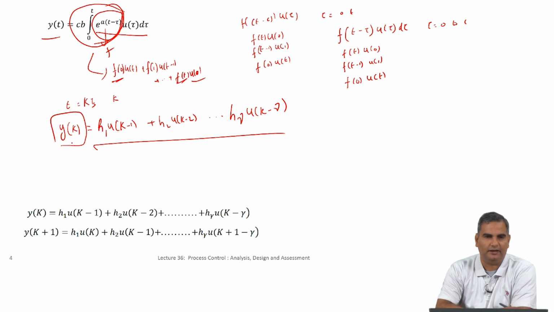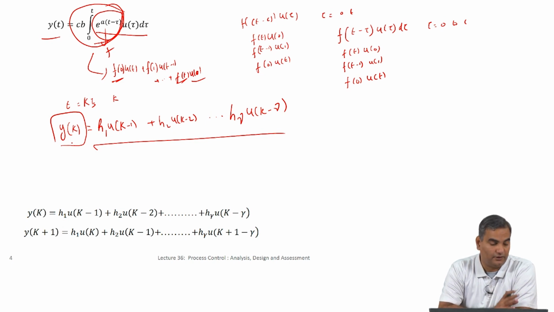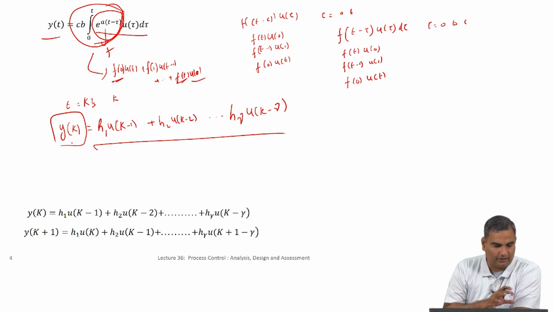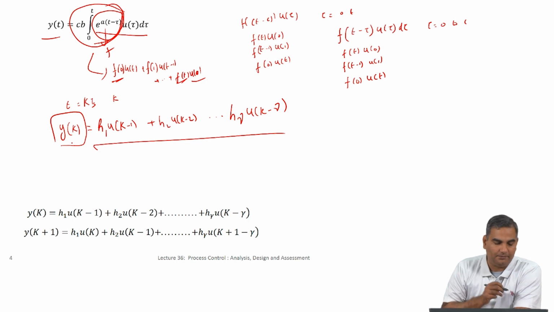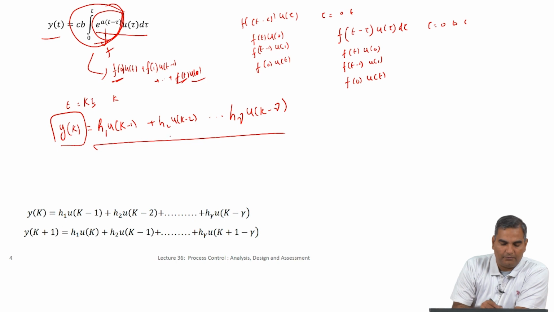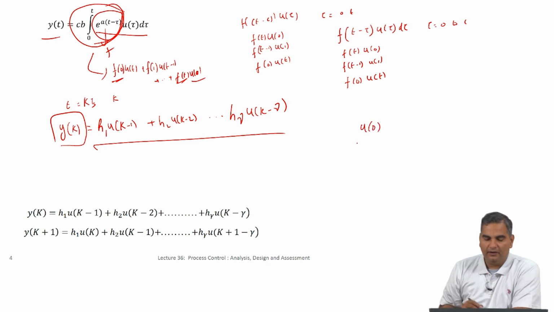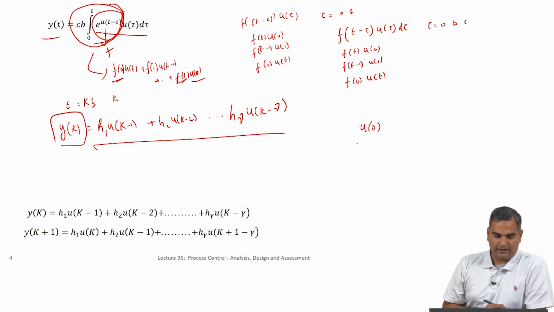So, you would typically expect that things that are recent will have more impact. In general, this need not always be the case, but as far as this class is concerned, let us keep things simple and simply interpret this equation. So, the past moves are u of k minus 1, u of k minus 2, u of k minus gamma, and in fact I will go all the way to u of 0. But in general, when we look at these discrete model forms, we will say there is some memory in the system, right.